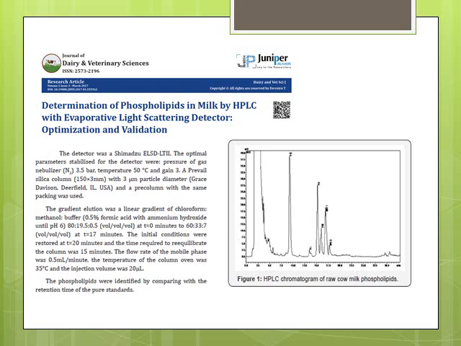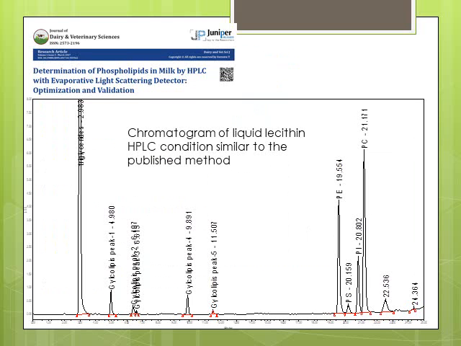In this publication, they show a chromatography of lecithin in raw cow milk, and I was able to generate similar chromatography, but not exactly using their conditions. Now in this slide we see the chromatography that I actually generated using a different column. It is a normal phase silica column, but my equipment is not exactly what they describe, and the mobile phase gradient program is not exactly the same. But I managed to generate very nice chromatography.